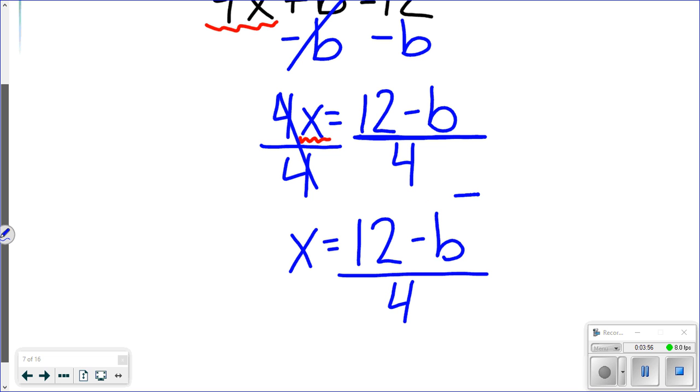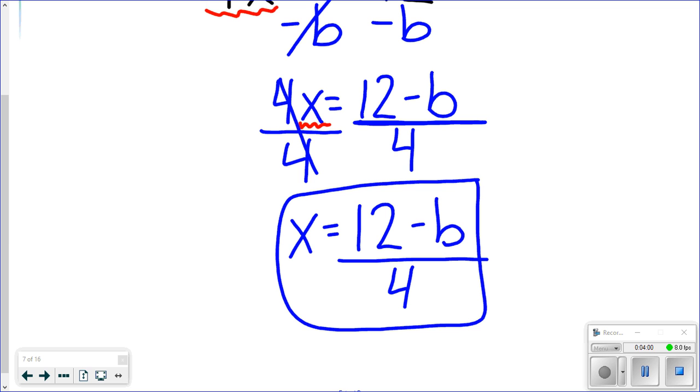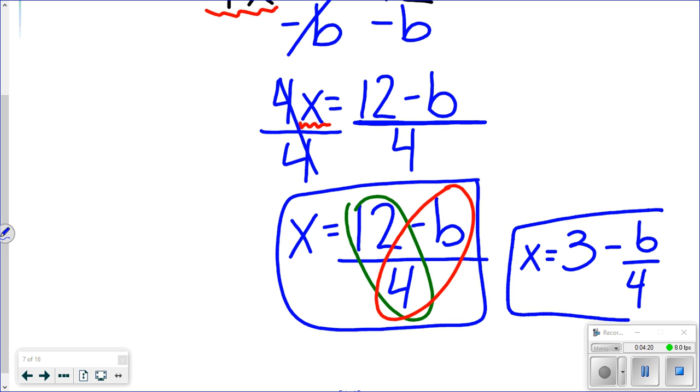I'm okay with this answer. Or we could take it one step further. 12 divided by 4 is 3. Then we have negative b divided by 4, which I can't simplify or reduce, so we would leave it as a fraction. Either answer is acceptable.